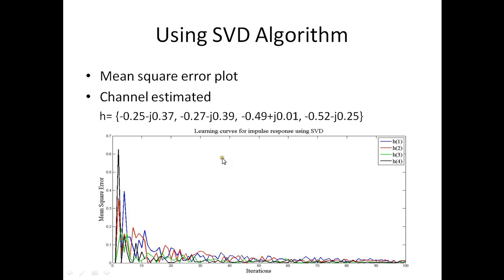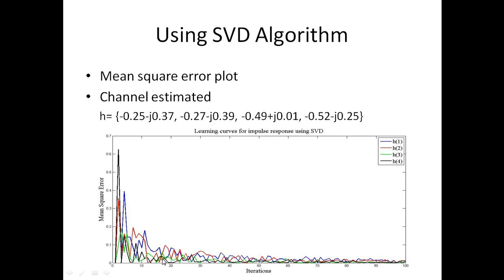Performing the singular value decomposition operation using the standard conventional singular value decomposition technique, we obtain the following mean square error plots for every component in the channel impulse response.